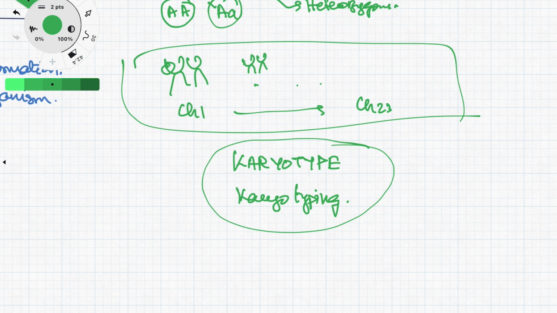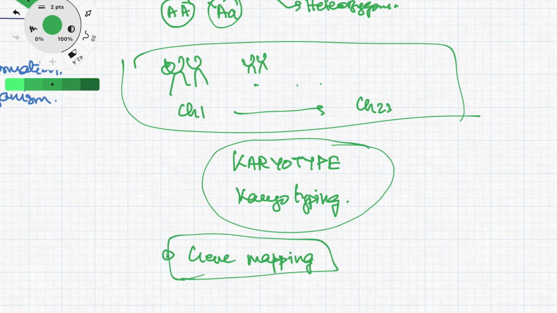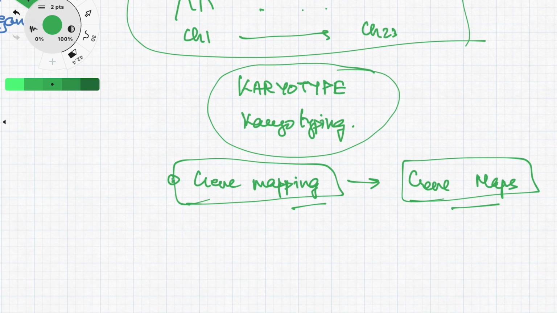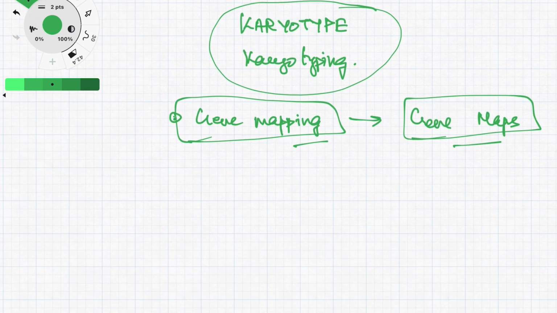This identification of the gene and its fixed locus, that process is called gene mapping, and the resulting map, you can call gene maps. Nowadays gene mapping and gene maps are very important to identify diseases, and this entire study is what you call cytogenetics.